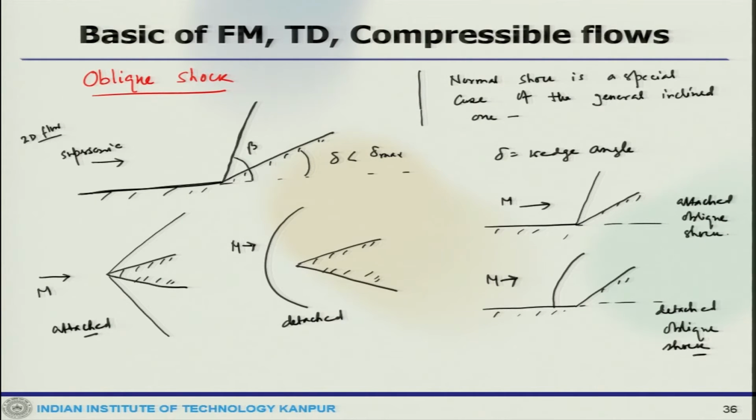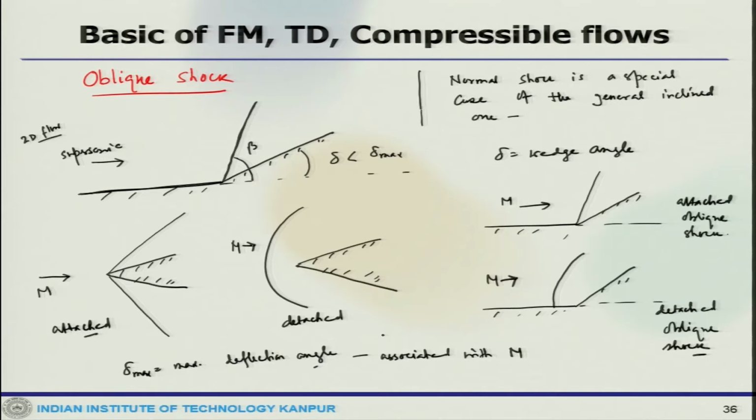Now, there is a maximum deflection angle which is called delta max. There always exists a maximum deflection angle, which is associated with the Mach number. It is not irrespective of the Mach number, because depending on the Mach number this deflection angle could be different.